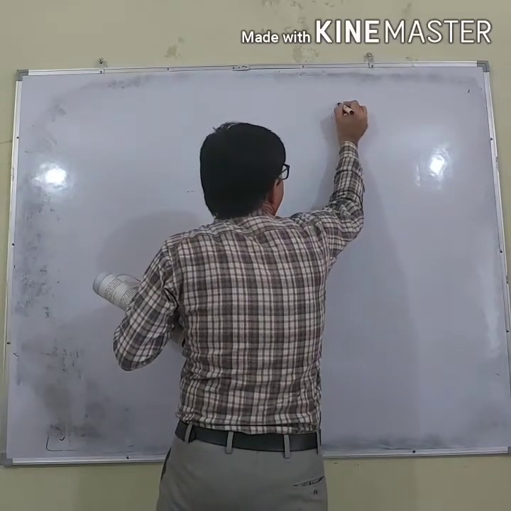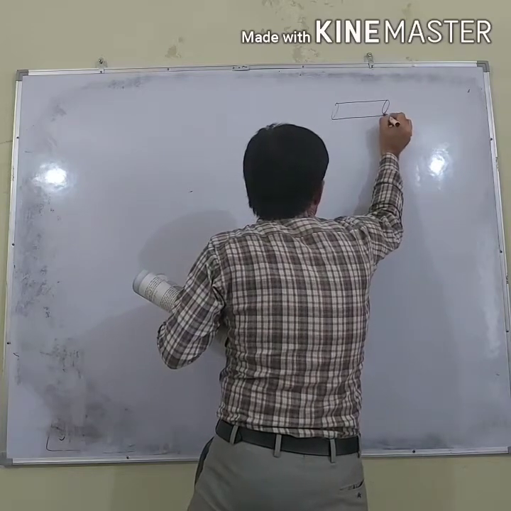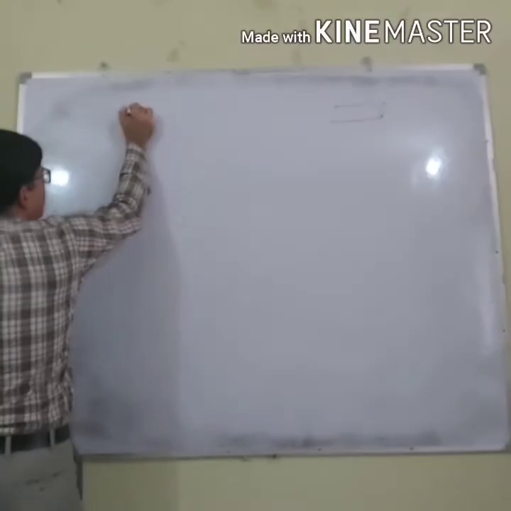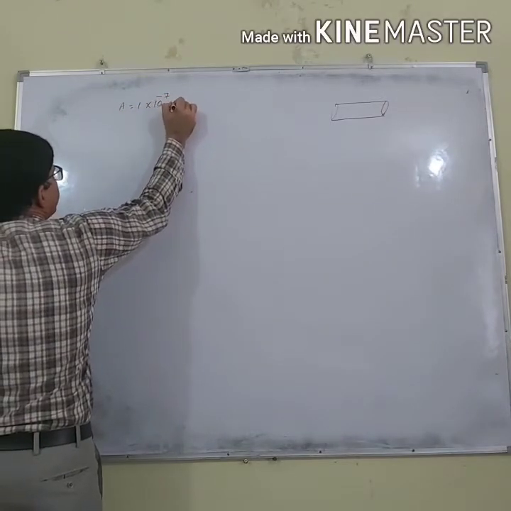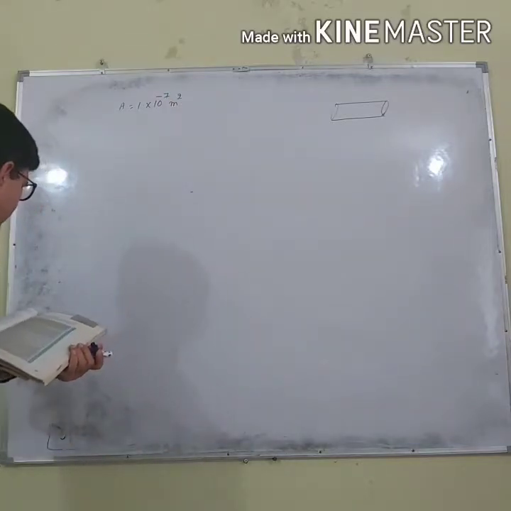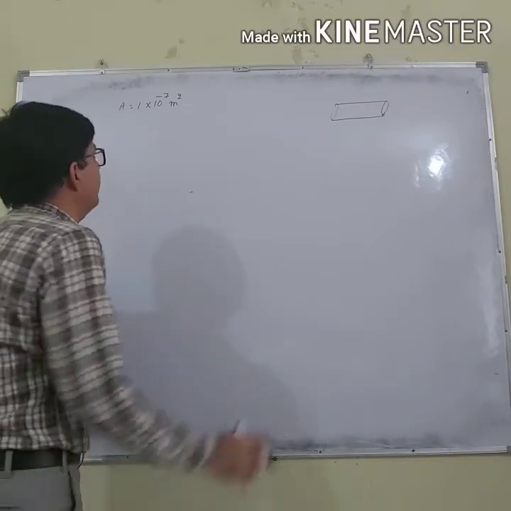Let us say we are given a copper wire whose area of cross section is 1 × 10^-7 meter square.